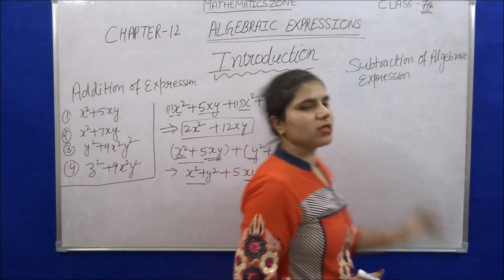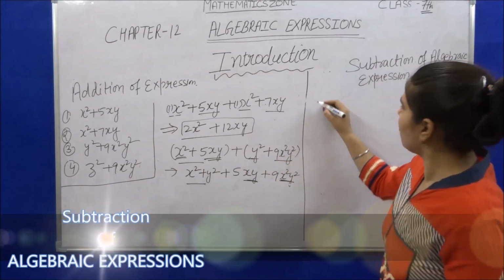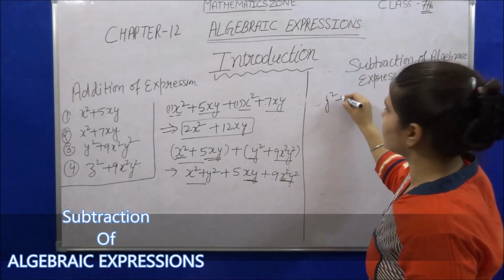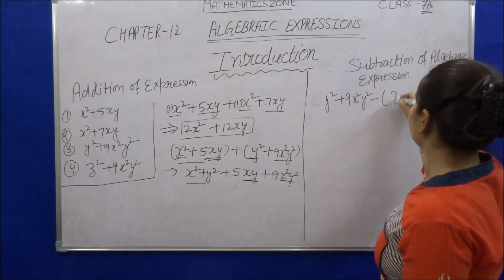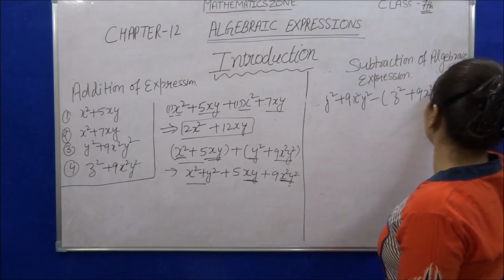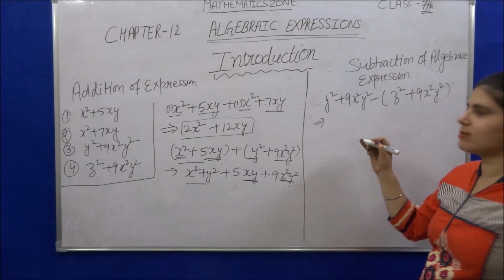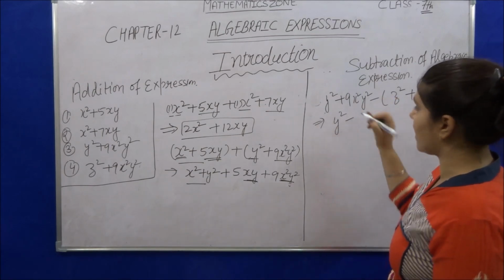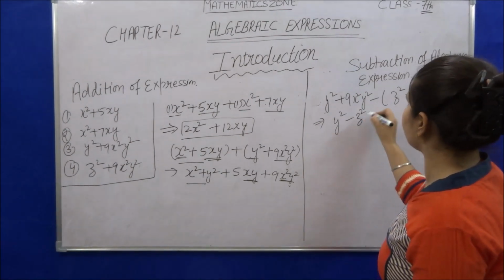Now let us do subtraction of algebraic expressions. First of all, y square plus 9x square y square, minus, z square plus 9x square y square. So we will subtract these two expressions. y square and z square are unlike terms, so they will be written as they are: y square minus z square.